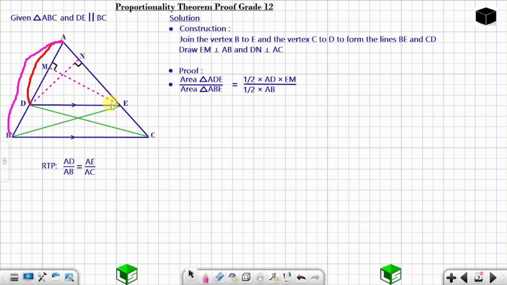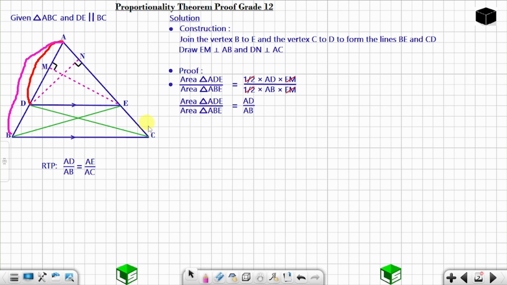Always the height is perpendicular to the base. Now this is equal to a half and a half, you cancel. EM and EM you cancel. Now you are going to have AD over AB. So we are done on this side.